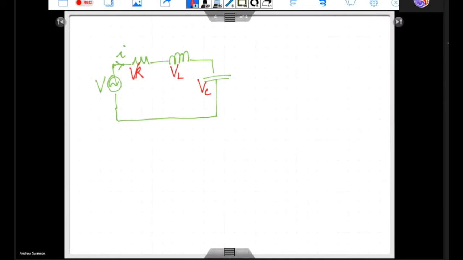But what I am going to do is go straight for the power plot. Start with our real power. We can look at our inductive reactive power, Q_L is equal to V_L I.